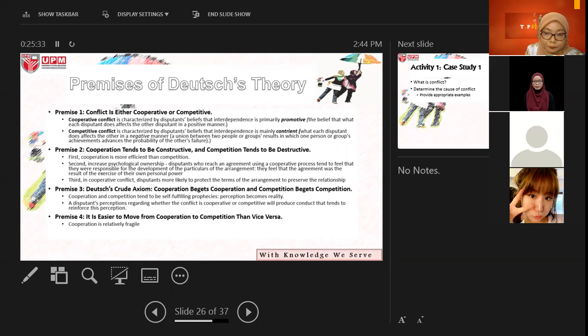Okay, and then so maksudnya how the parties perceive the conflict situation ni will shape their behavior or response to the conflict. Kalau kita nampak konflik tu memang competition, memang kita nampak yang hujung tu pasti akan ada pemenang.